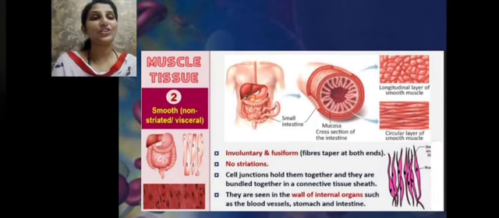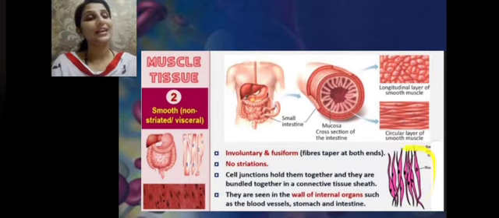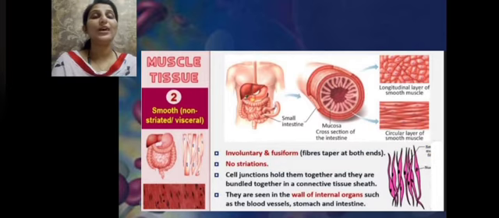The cell junctions hold them together and they are bundled together in a connective tissue sheath. Just like the skeletal muscles, they are also enclosed in a connective tissue sheath and have cell junctions which hold them together. They are seen in the walls of the internal organs such as the blood vessels, stomach and intestine.